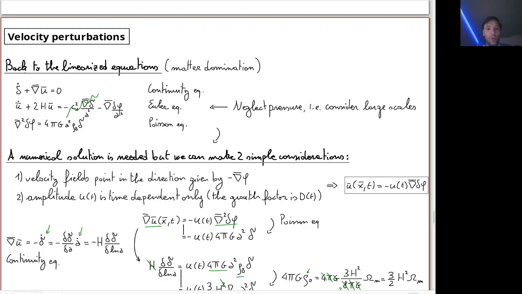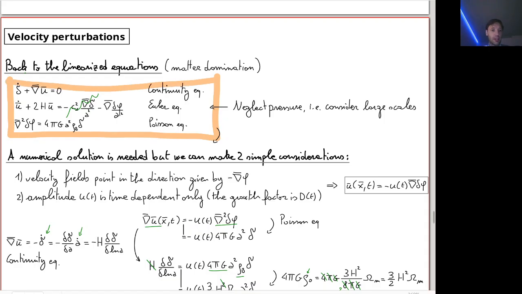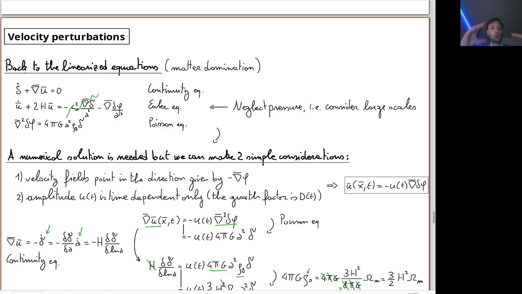The last topic I'm going to cover are velocity perturbations. What we are going to do now is again use the very same hydrodynamical equations, but combine them in a way not to extract the fluctuations of the density, the density contrast, but in a way such that in the end we obtain the peculiar velocity perturbations, the peculiar velocities, which are the velocity perturbations in comoving coordinates u.